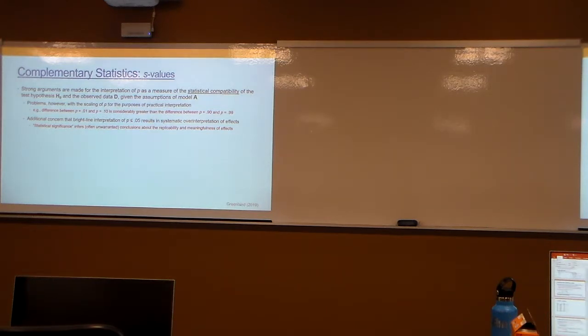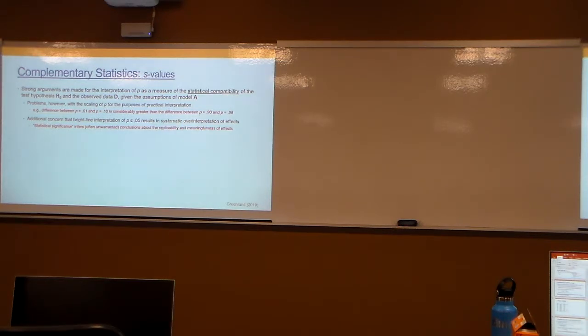And so the difference between p-value 0.01 and 0.10, that's a lot different. So that's suggesting a much greater degree of incompatibility than the difference between 0.9 and 0.99. 0.9 and 0.99 are sort of right here and right here. 0.01 and 0.1 are this far apart, even though the actual value difference is sort of the same across these.